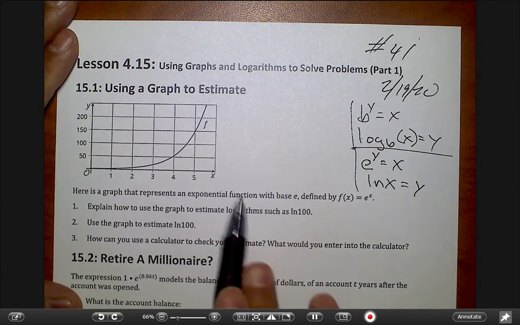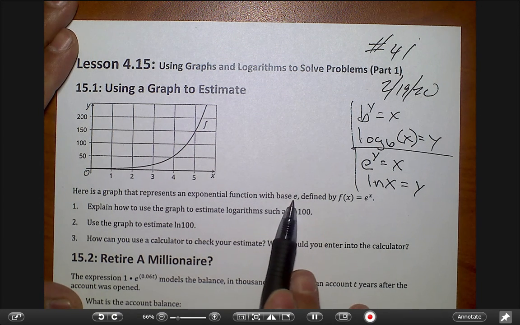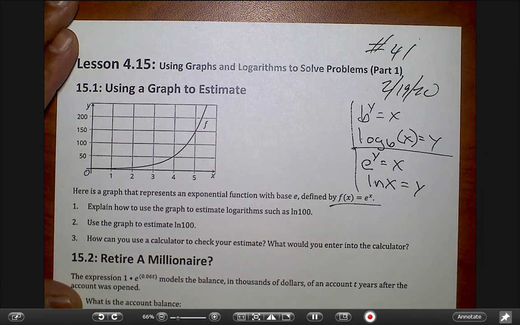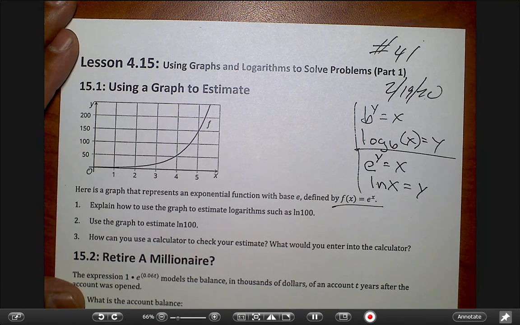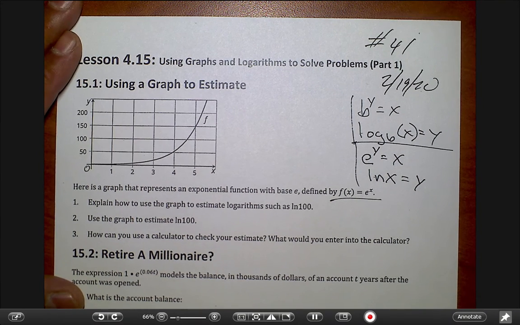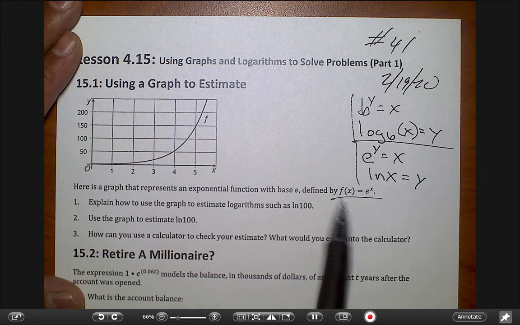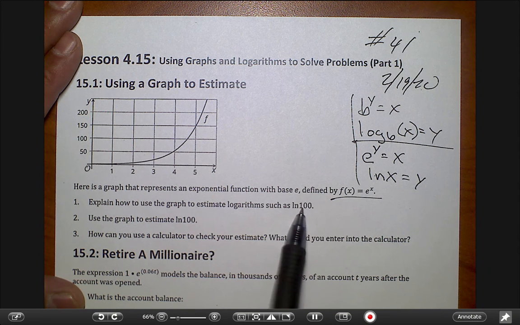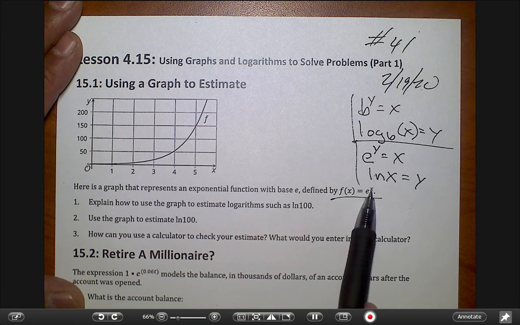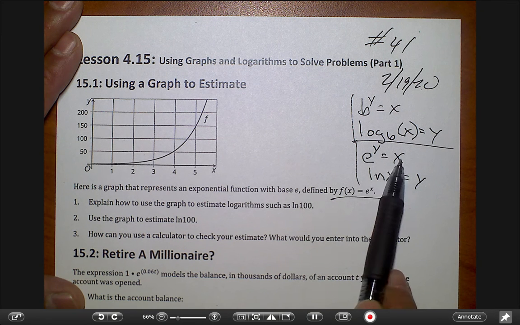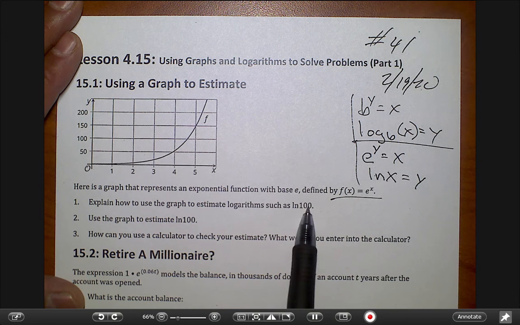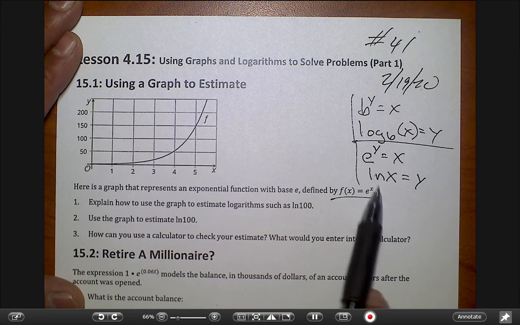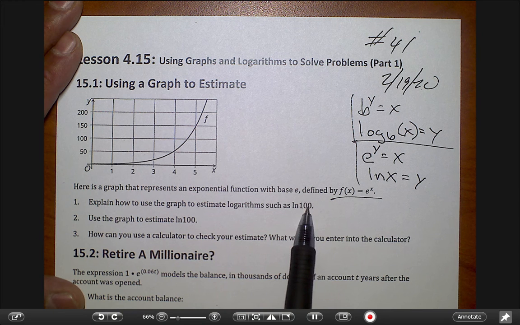Here is a graph that represents the exponential function base e defined as this. So this is my function here. Now for this, if this is going to be ln 100, that would mean, if I were to rewrite it in exponential form, where is e to the x equal to 100?